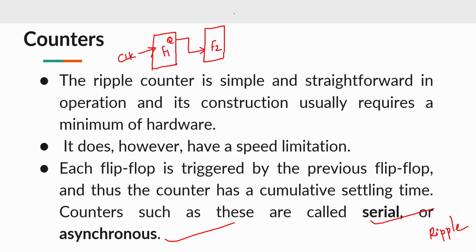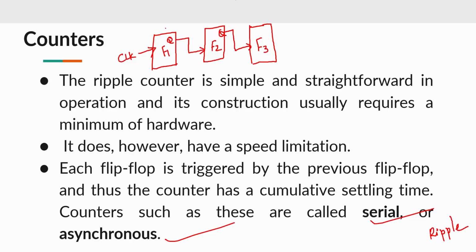Suppose it is a 3-bit asynchronous counter and we have one more flip-flop here, then this is triggered by the Q or Q bar output of the second.